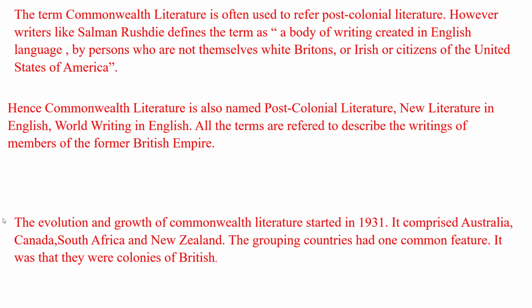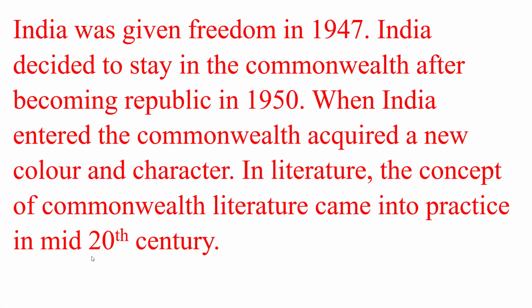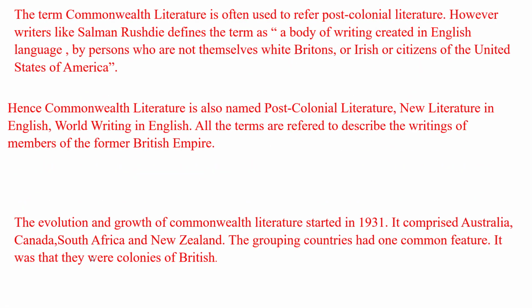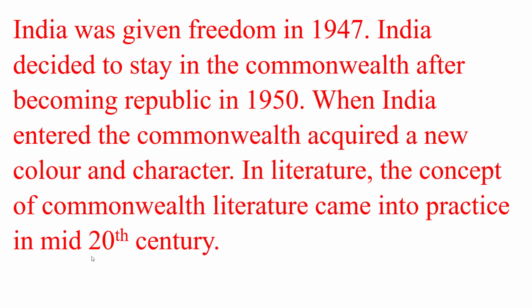So the evolution started when Australia, Canada, South Africa, and New Zealand, these grouping countries, had one common feature. They were the colonies of the British, and they used the term Commonwealth to refer to the literature written in English.